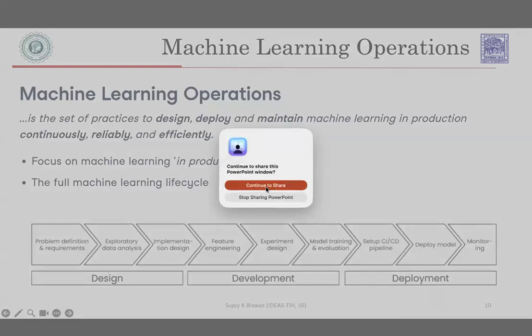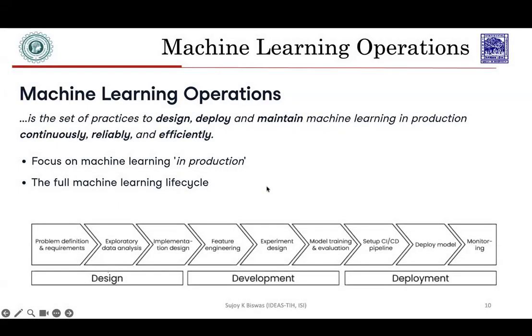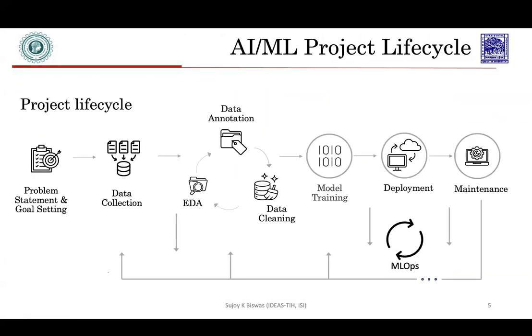So machine learning operations can be divided into three broad parts: the design, development, and deployment. Remember the life cycle diagram that I showed.